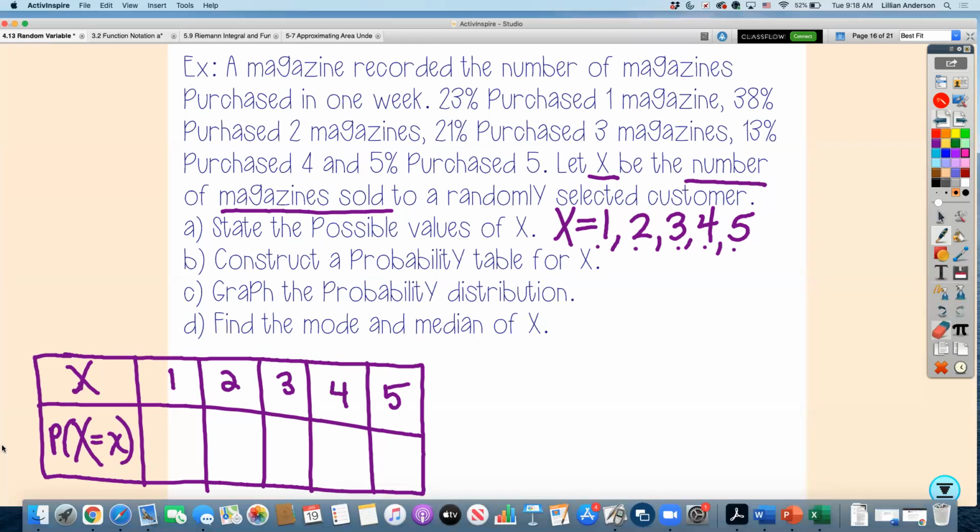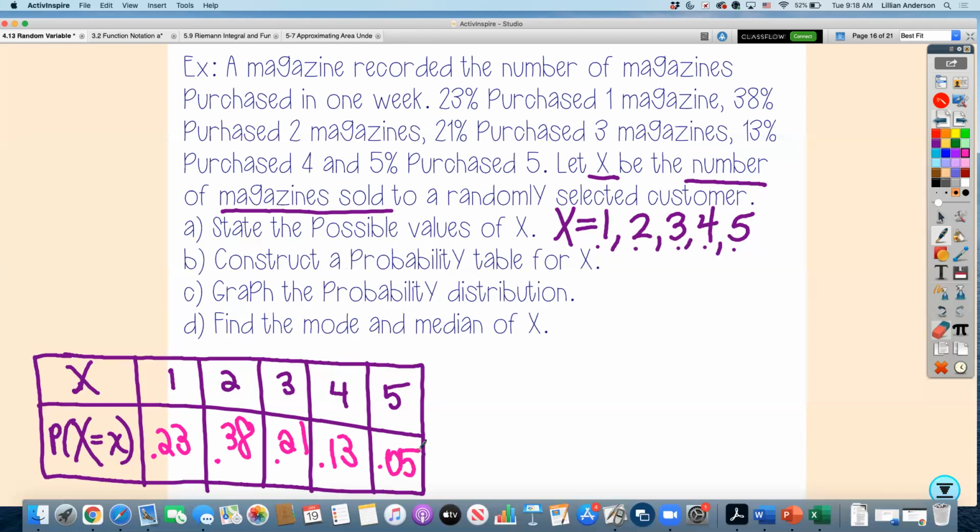So how would I write them? 0.21 to represent 3 magazines purchased. What would I do for 1 magazine purchased? 0.23. And then for 2? 0.38. For 4? 0.13. And for 5? 0.05.